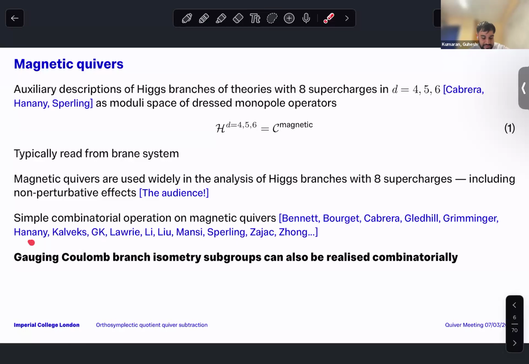And I've listed some people, but this is a very incomplete list. So yeah, okay. Now, the key point is that gauging Coulomb branch isometry subgroups can also be realized combinatorially. And we've made a bit of progress on this in the past few years.